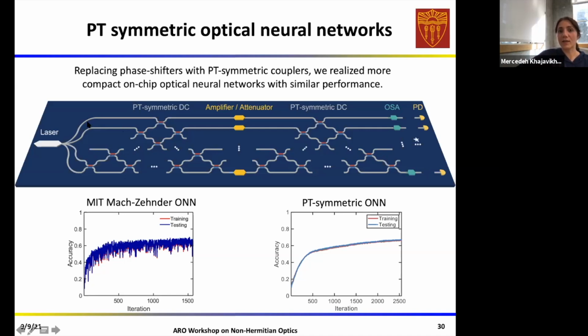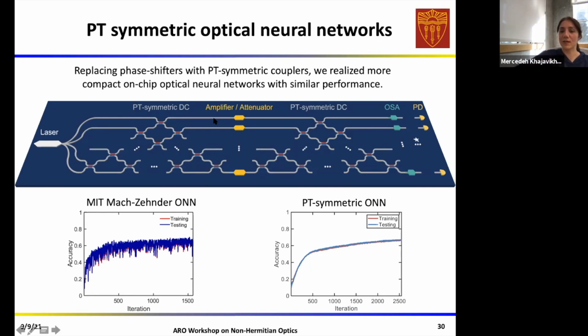The idea that we had was that instead of having these phase shifters, how about we replace the Mach-Zehnder interferometers with what is known as a PT coupler? These are couplers where one arm sees gain and the other arm sees loss, in the PT unbroken phase, where the gain-loss contrast is very, very small.